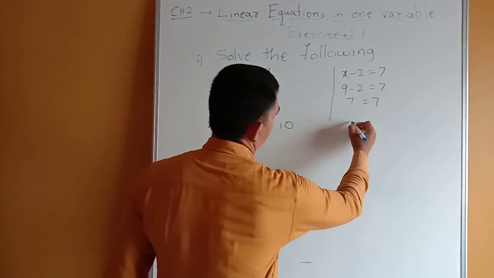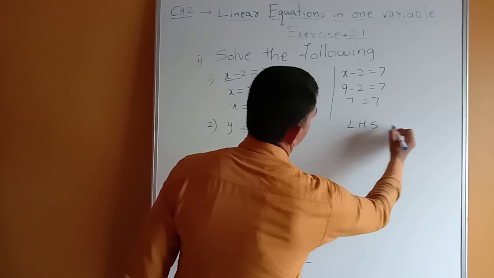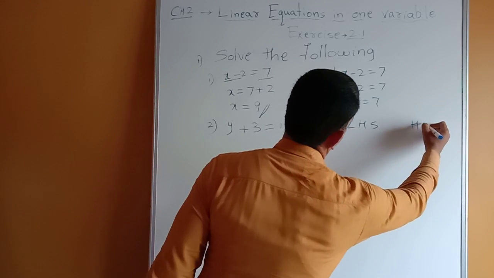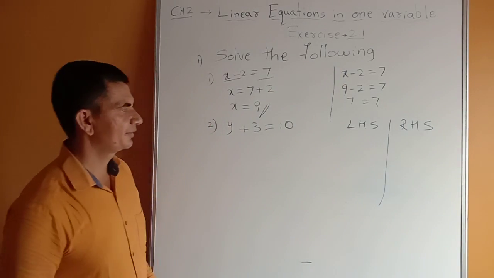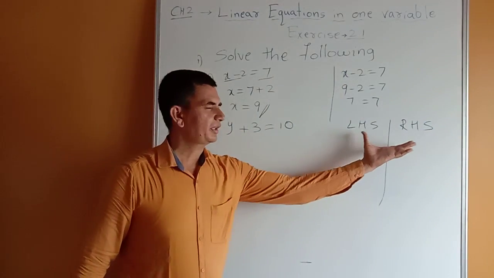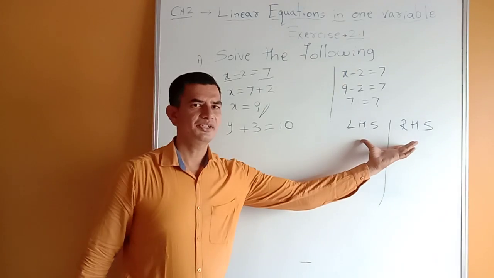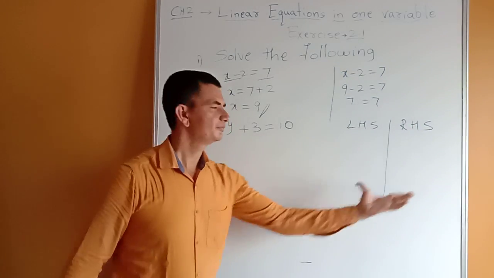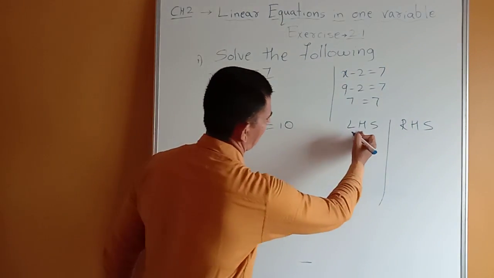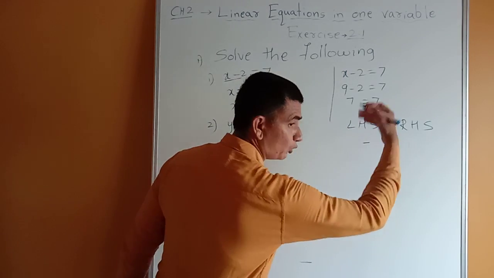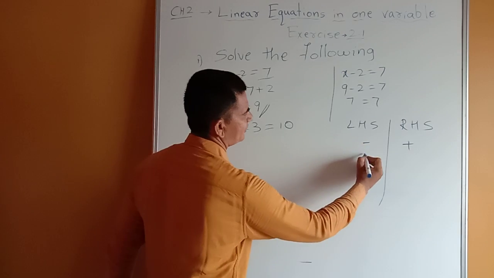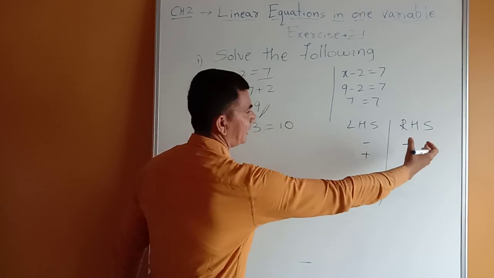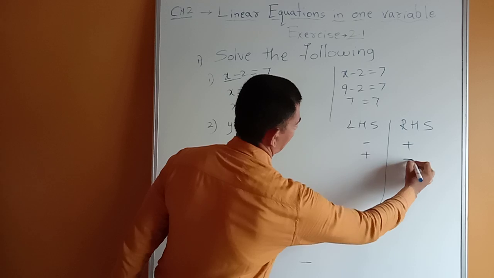So for the left hand side and the right hand side, I will tell you what the signs are and how they are going to change, so you have to remember this. If on the left hand side it is minus, if it goes to the right hand side it becomes plus. If here it is plus, if it goes to the right hand side it becomes minus.